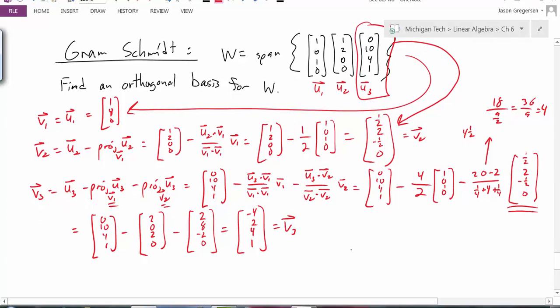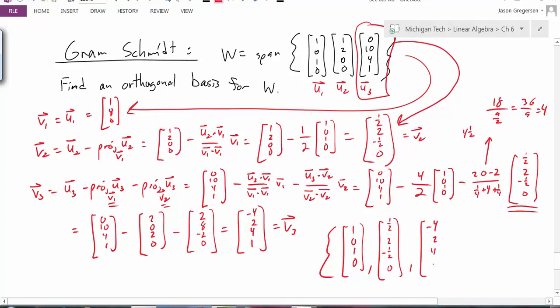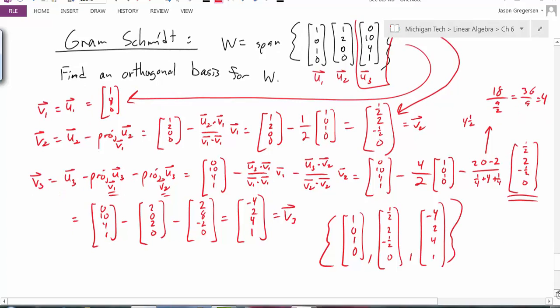So now I have v1, v2, and v3. So I have my basis. v1 is this. v2 is 1/2, 2, negative 1/2, and 0. And my last vector is negative 4, 2, 4, and 1. So this should be my orthogonal basis.